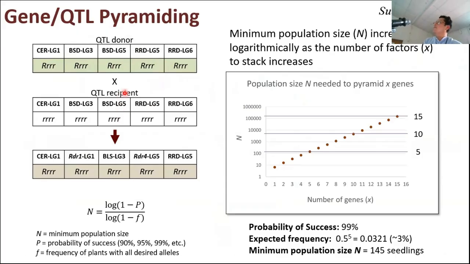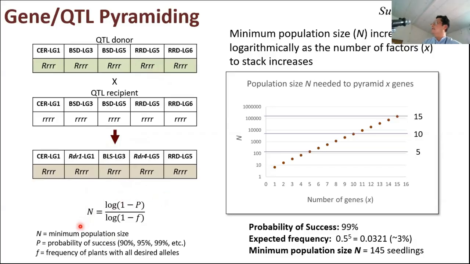And on the bottom, we've got, let's say, a QTL recipient. This is an individual that has no QTL. And if we're going to make that cross to recover another individual that had all the QTL in the simplex configuration again, we would have to use this equation to calculate what would be the minimum number of plants to at least discover one individual with that QTL architecture.